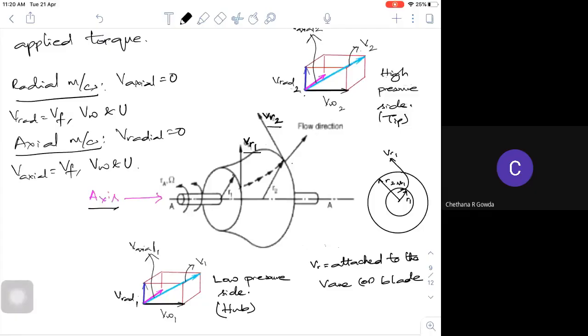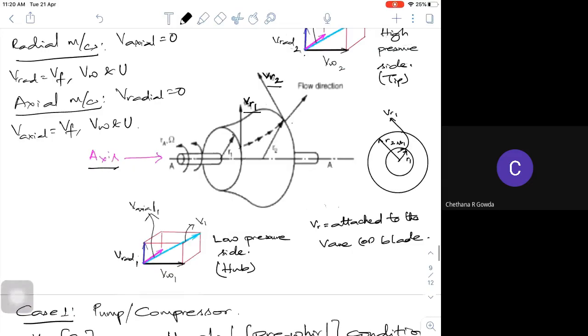Now, if you look at it, I have clearly told that the velocity V, the absolute velocity, which I am showing in light blue, has three components. One is the axial component, which I have shown in pink. The other I have shown in the vertical, that is the radial direction, in dark blue, and there is one more, which is tangential.